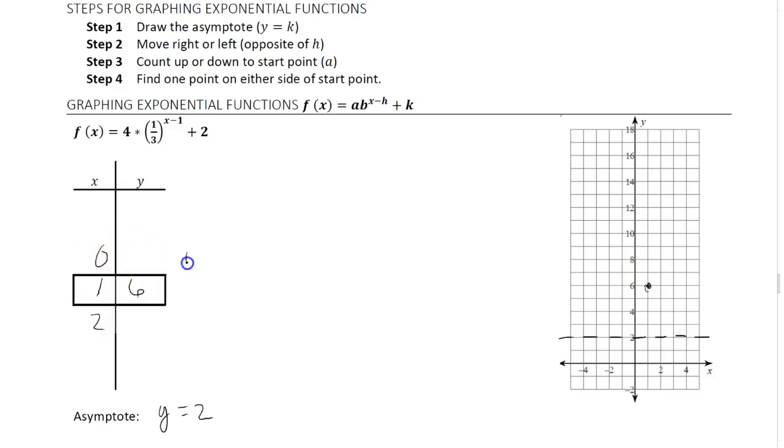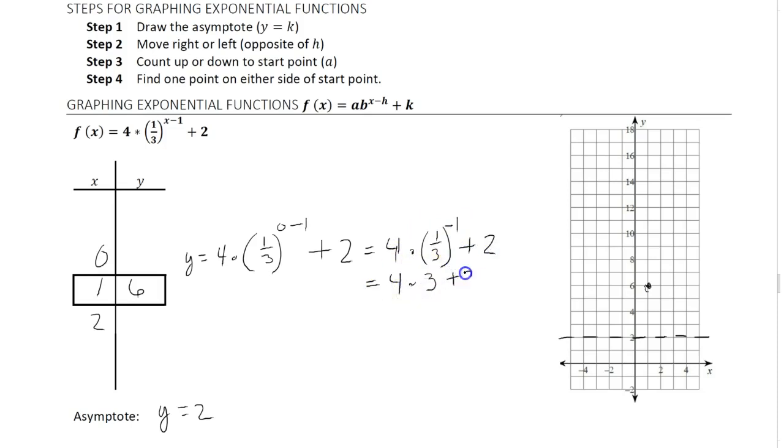Let's start with 0. 4 times 1/3 to the 0 minus 1 plus 2. This is 4 times 1/3 to the negative 1 plus 2, which is 4 times 3 plus 2, or 12 plus 2, or 14. Graph the point (0, 14).